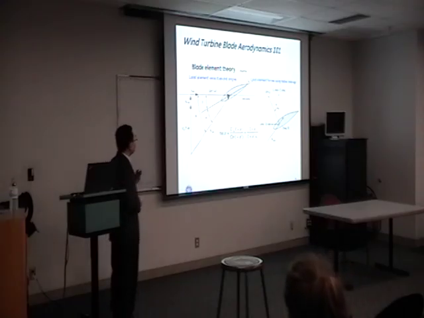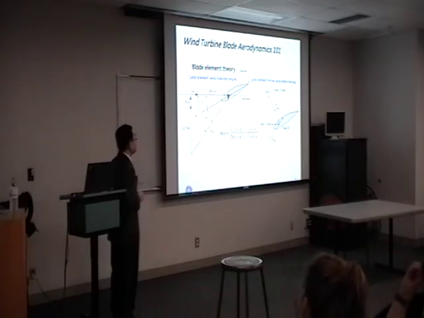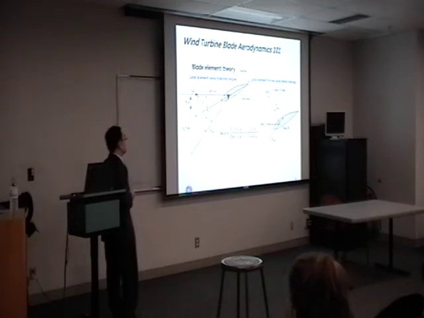So here, the incoming velocity is reduced by the amount of axial induction A. Also, in the rotor plane, there is a tangential velocity component, which is a function of omega r, the RPM, and there is A prime, the tangential induction component.